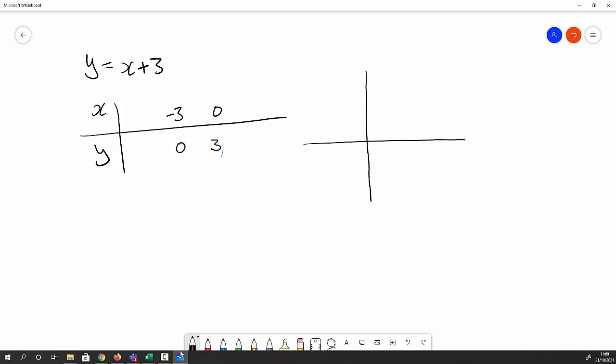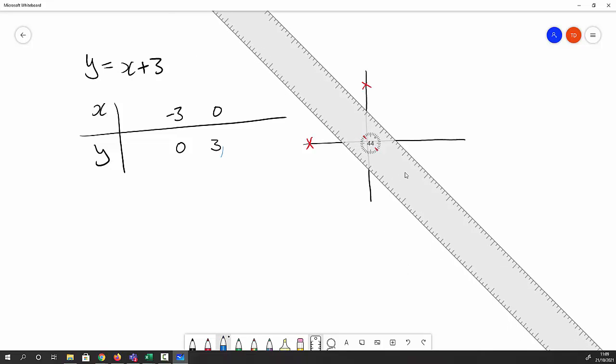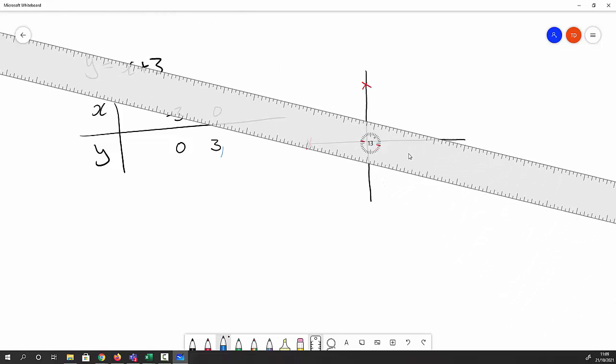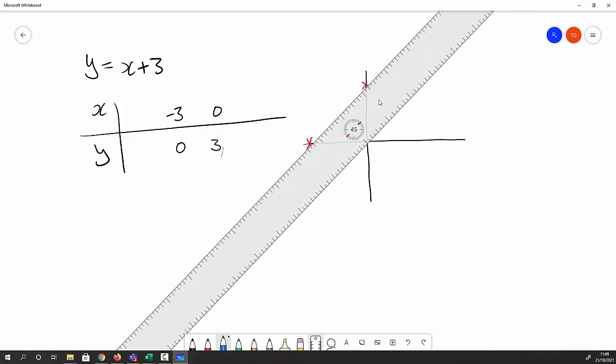So when x is 0, y is 3. I was doing it in red, wasn't I? When x is 0, y is 3. And when y is 0, which is obviously the x-axis, x is equal to minus 3. Okay, so now if I call up the ruler and I rotate it like so, it's about 45, is it?